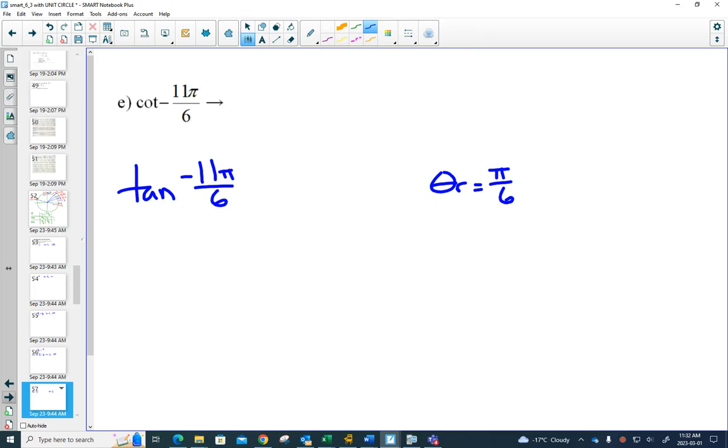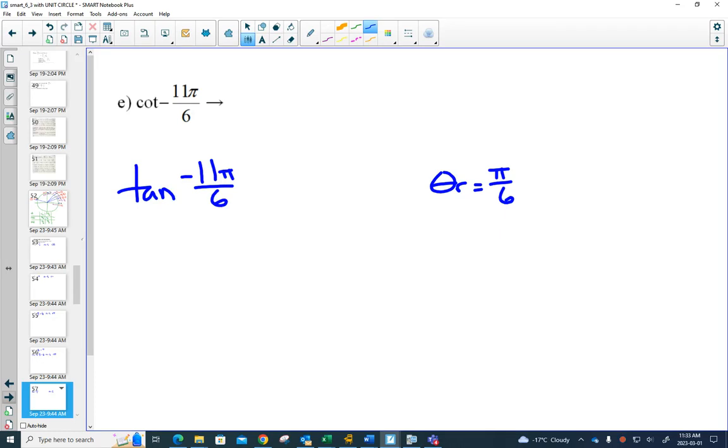We often think first in the positive direction. 11 pi over 6 is on your pi plate, right? It's in quadrant 4. So in the positive direction, 11 pi over 6 goes to quadrant 4. If you think in the negative direction, what would it look like if I went 4 quadrants in the negative direction? 1, 2, 3, 4. It would end in quadrant 1.